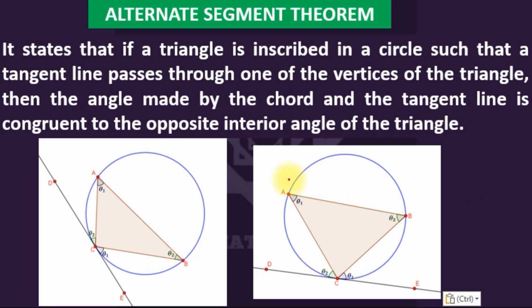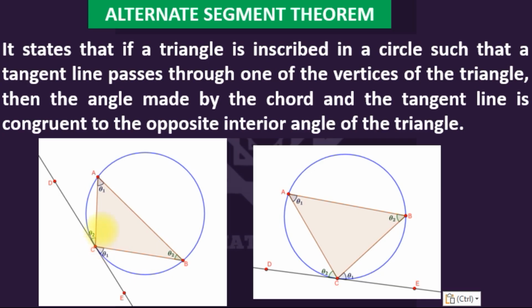So if we have a circle such that a triangle is inscribed in that circle, as you can see, we have triangle ABC, such that one of the vertices of the triangle is the point of tangency. So for the theorem, there must be a tangent line, there must be an inscribed triangle such that one of the vertices of that triangle is the point of tangency.